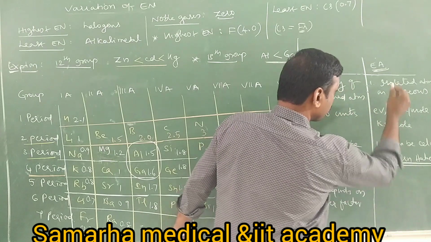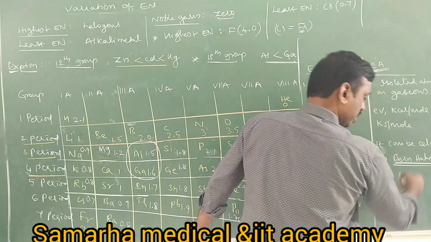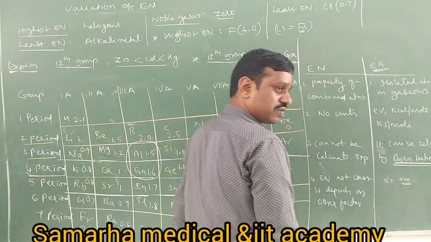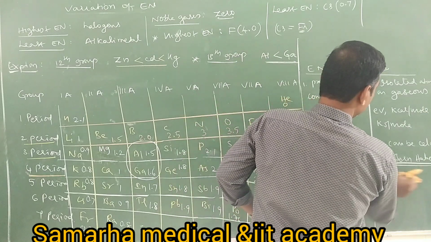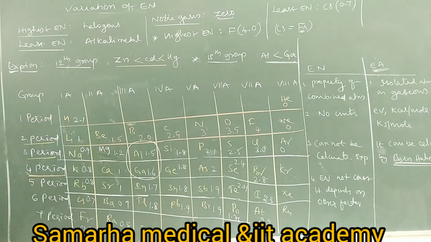Like the electron affinity of nitrogen, we have a positive value, no? The value is fixed. It does not depend on any other factor. So whereas electron affinity is a constant value, it does not depend on any other factor. So these are the differences between electronegativity and electron affinity.